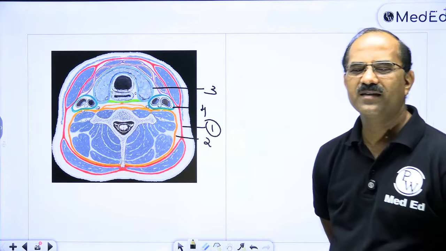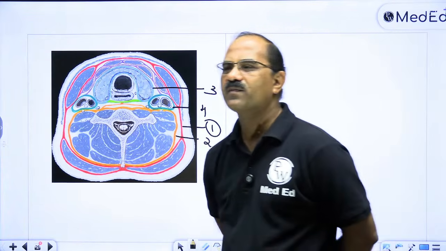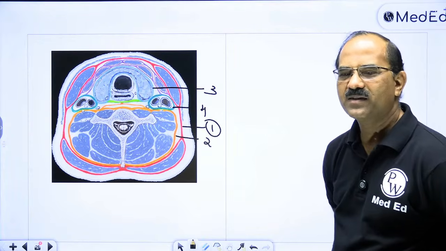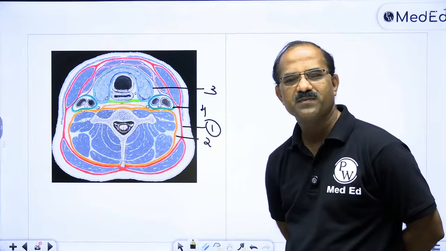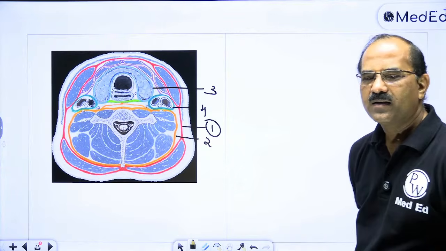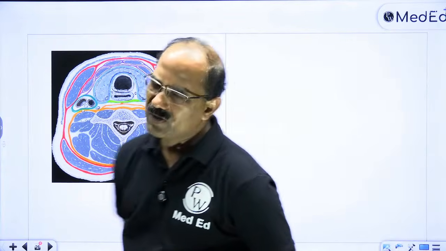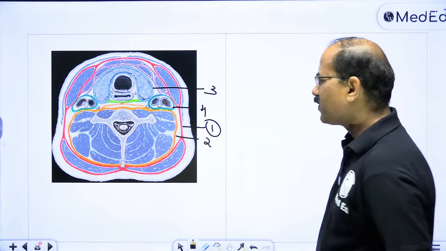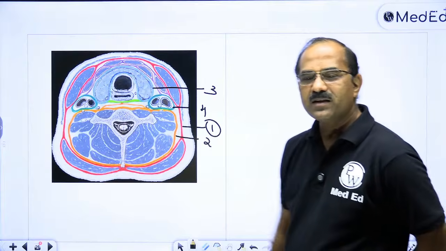A very important visual slide. Come on, answer this. Whatever you know, that's fine. Tell me what's number 1. These are the deep cervical fascia. One is the investing layer, one covers the trachea and thyroid, that's pretracheal, one covers the vertebral muscles, that's prevertebral, and the one which invests is the investing layer of deep cervical fascia.